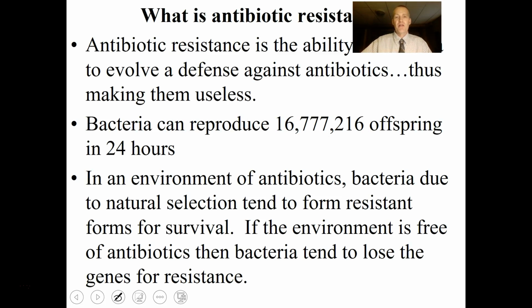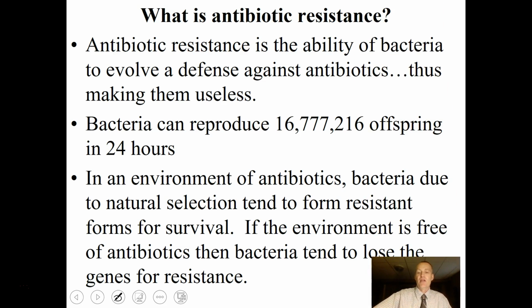So let's talk about antibiotic resistance just for a second. Antibiotic resistance is the ability of bacteria to evolve defenses against antibiotics, thus making the antibiotics useless to them. Now, just keep in mind that bacteria can theoretically reproduce about 16 million offspring in 24 hours.